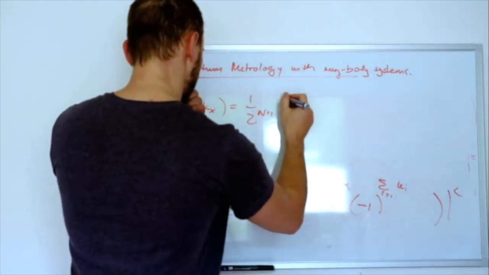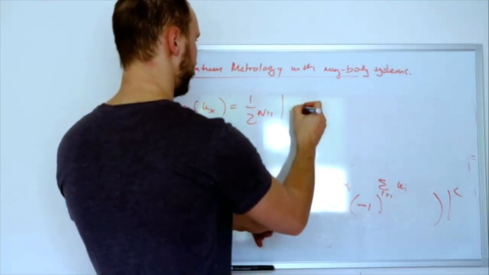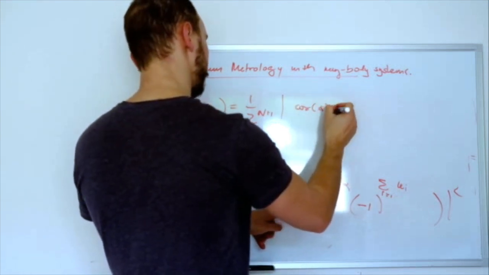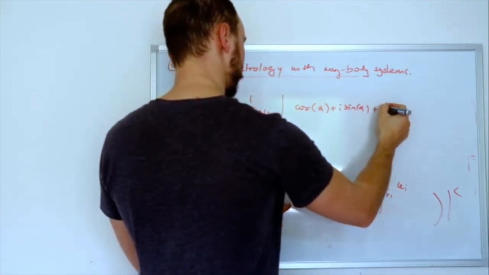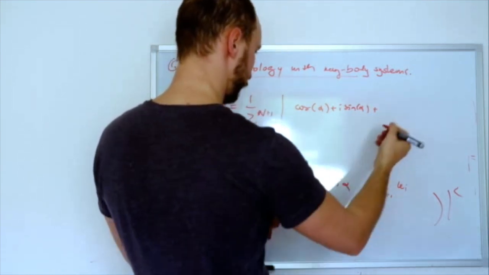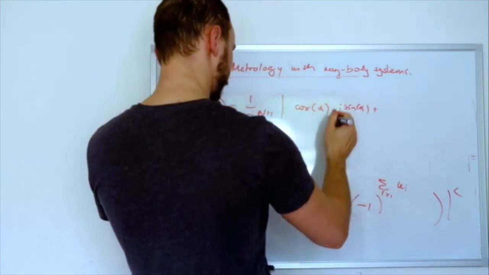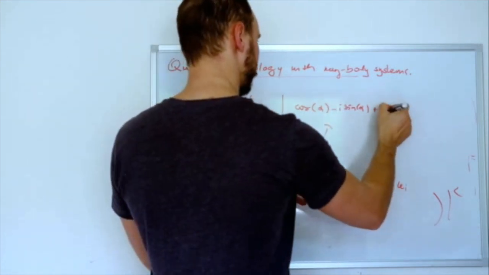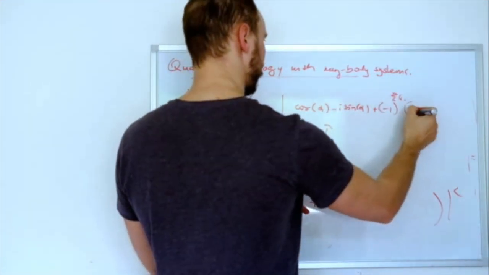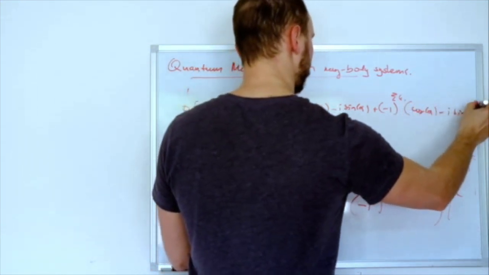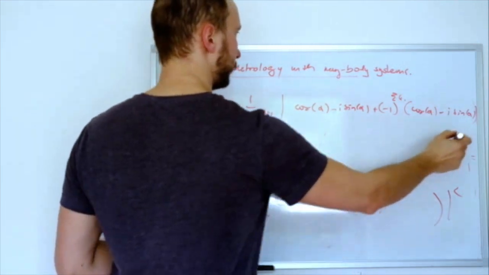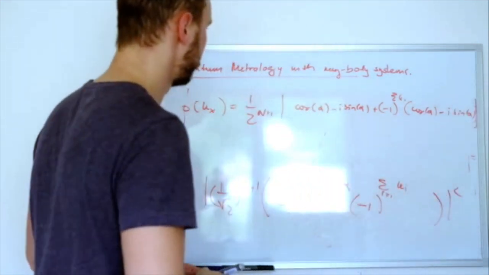The simplest thing to do: we get cosine of alpha plus i sine of alpha, plus the minus here from this expansion, minus 1 to the sum of k_i's, and cosine of alpha minus i sine of alpha, squared.